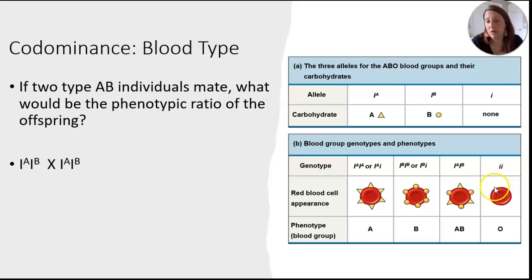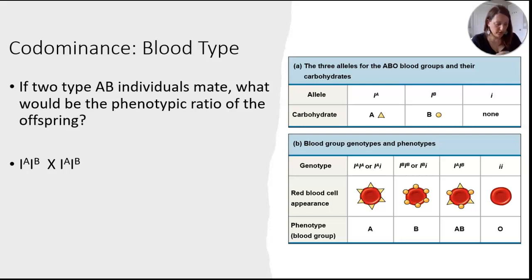And so if you have type O blood, you are the universal donor. Okay? So again, it's the type AB genotype and phenotype that is our example here of codominance. Both are expressed simultaneously.